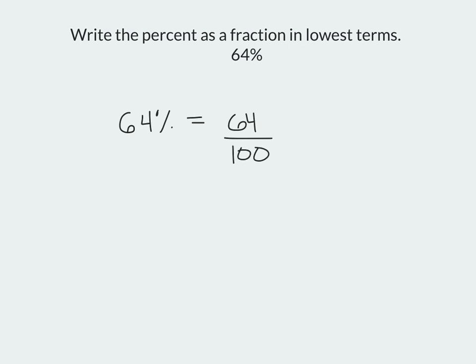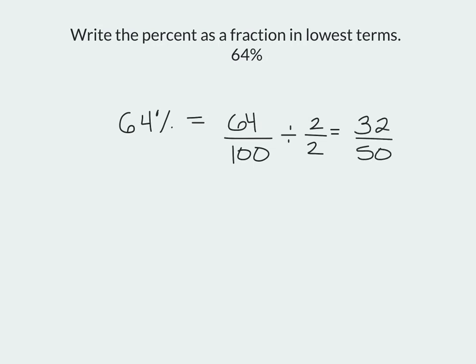Now I want to write this fraction in lowest terms, so I want to find a number that's divisible by the top and bottom. In other words, I'm going to find a number that divides into 64 and 100 evenly. 64 and 100 are both even numbers, so I know that they're both divisible by 2. So I can start there. I can divide the top number and the bottom number by 2, and this will get me 32 over 50.